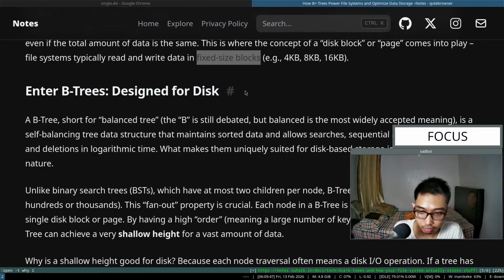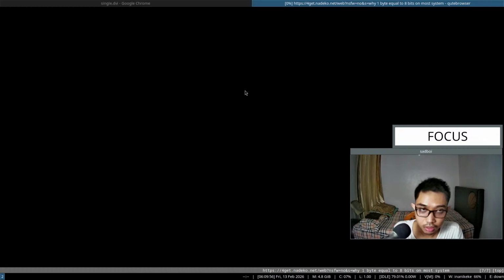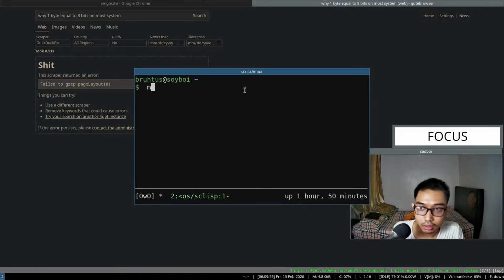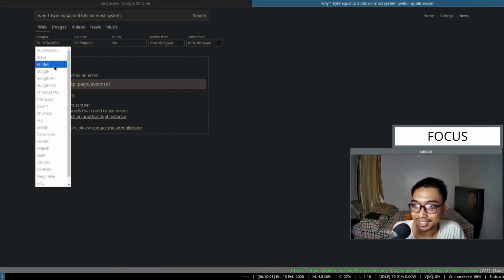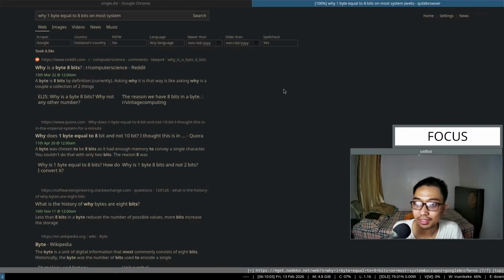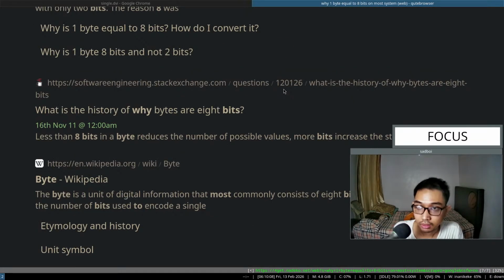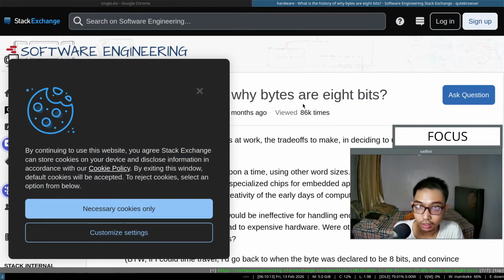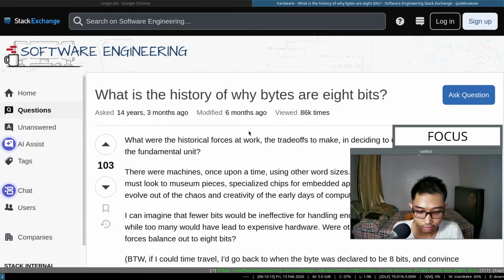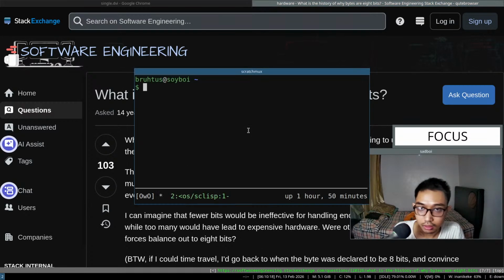Why is 1 byte equal to 8 bits on most systems?